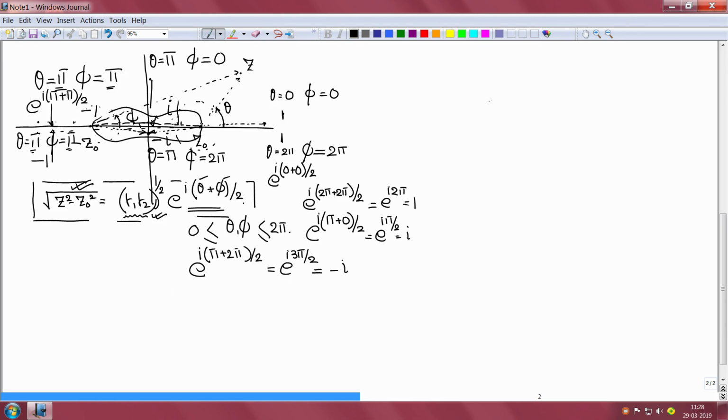Okay. So let us look at that again. Here is z0, here is minus z0, and I am not allowed here.